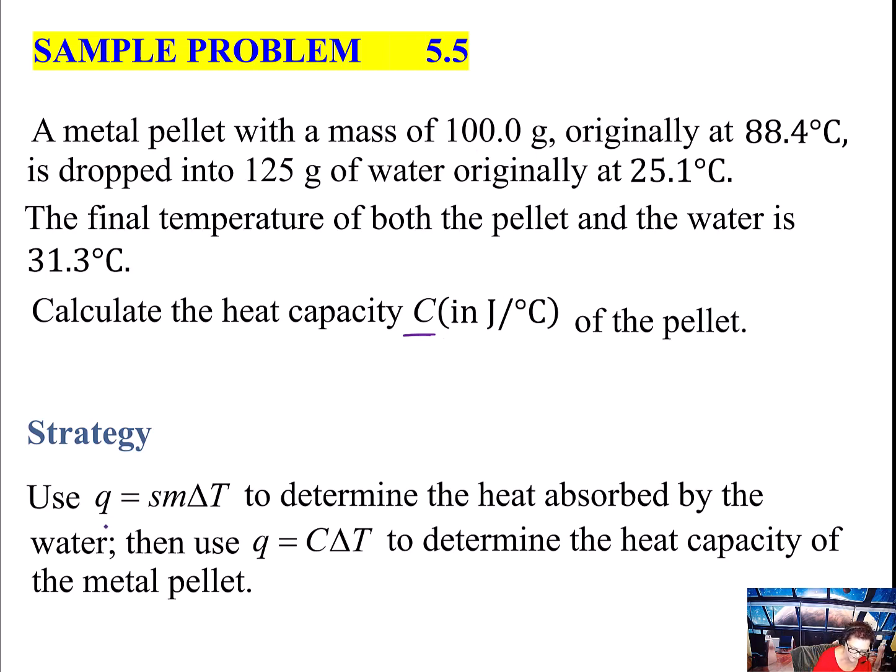We're going to use Q equals SM delta T to determine the heat absorbed by the water, and then we use Q equals C delta T to determine the heat capacity of the metal pellet.